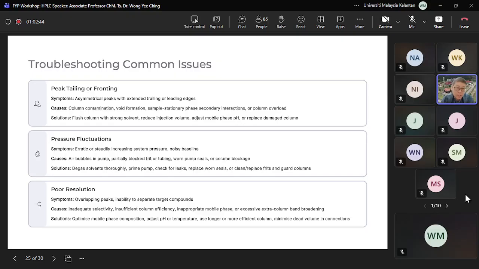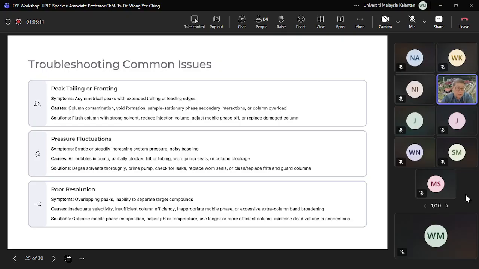You also need to check the seal, whether the seal is worn or torn. Then you need to clean or replace any frit or guard column. If there's dirt or some residue of your sample found on the column, you need to clean it up, on the guard column.